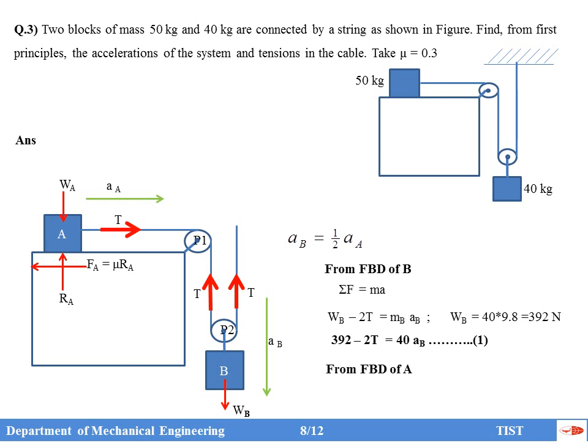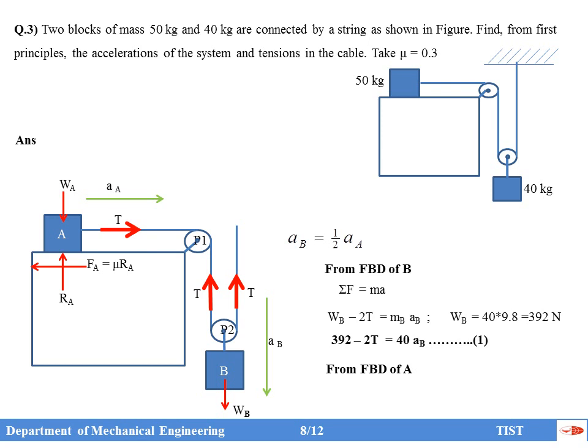Now the free body diagram of B is over. There are no other forces acting on block B. Now if you take the free body diagram of A, here there are forces in the horizontal and vertical directions, but the body moves only in the horizontal direction, so the resultant force is only in the horizontal direction. First I am taking the resultant force in the vertical direction. What is it?